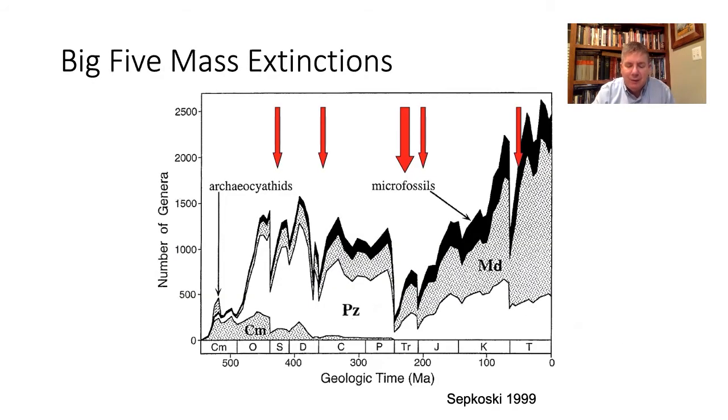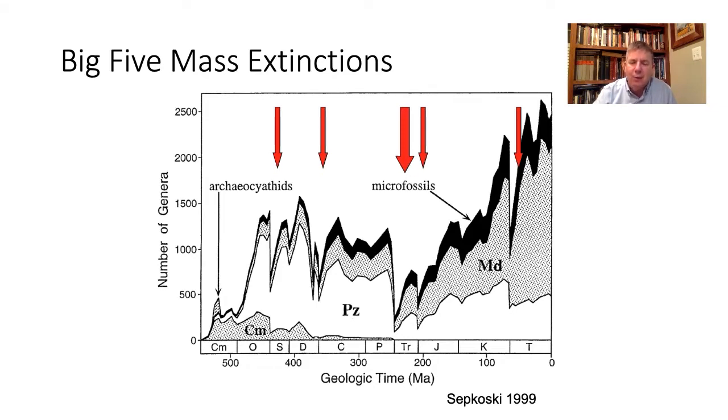The end Permian mass extinction is one of many events that happened over the last 600 million years. There are 5 canonical great extinctions that are talked about in the press and among paleontologists. This slide shows the diversity of marine organisms over the last 600 million years.